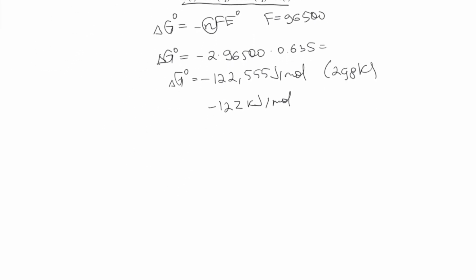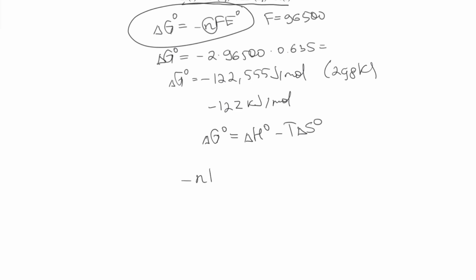We already know the fundamental thermodynamic identity: delta G is equal to delta H minus temperature multiplied by delta S. But we also know that delta G is equal to negative nFE.